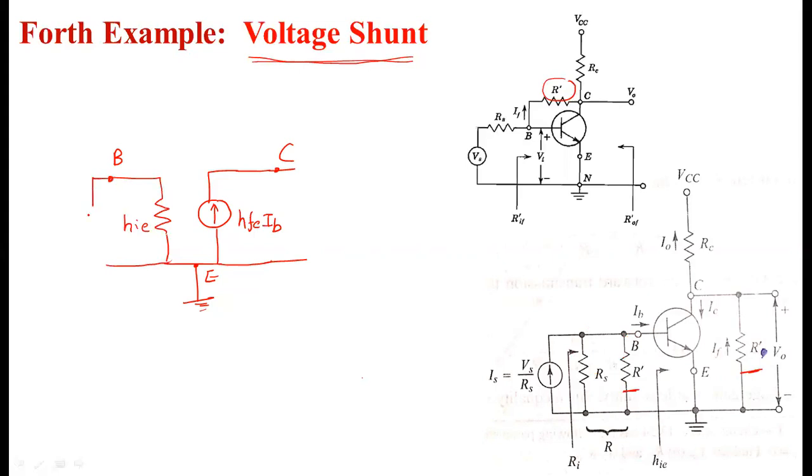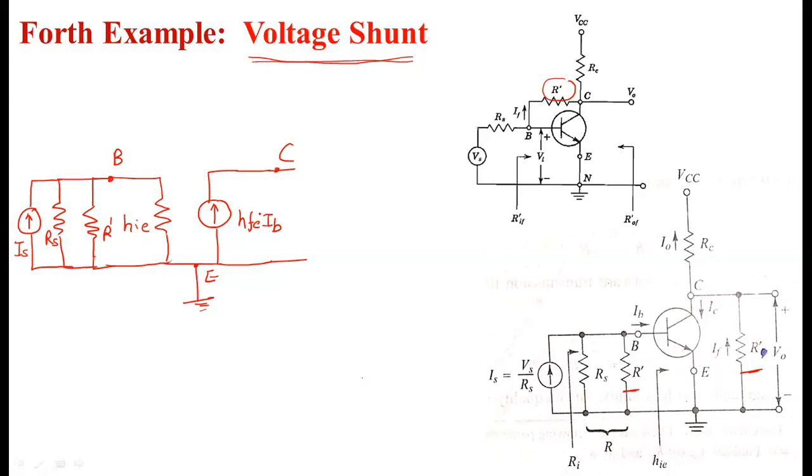Also we have the RS. So here we connect the RS and the current source. This is IS. This is RS, R dash and HIE. So our input side is complete.